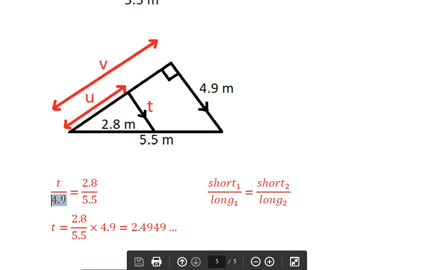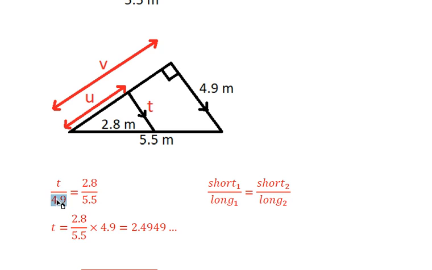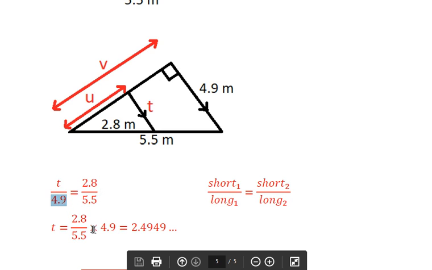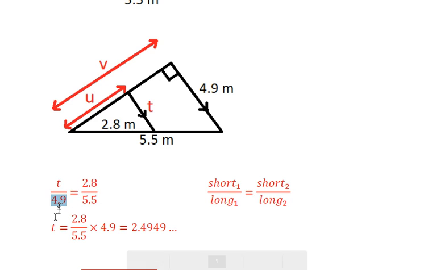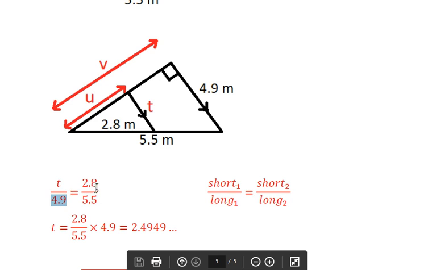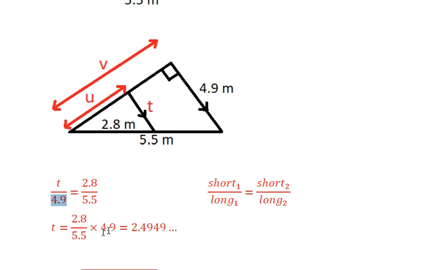In order to solve this, the easiest way is to move this 4.9 onto the other side. It becomes times 4.9 on the other side, divided by 4.9 over here. Get rid of the divided by 4.9, left with just the T by itself, becomes times 4.9. And we can put that into the calculator, 2.8 over 5.5 times 4.9.